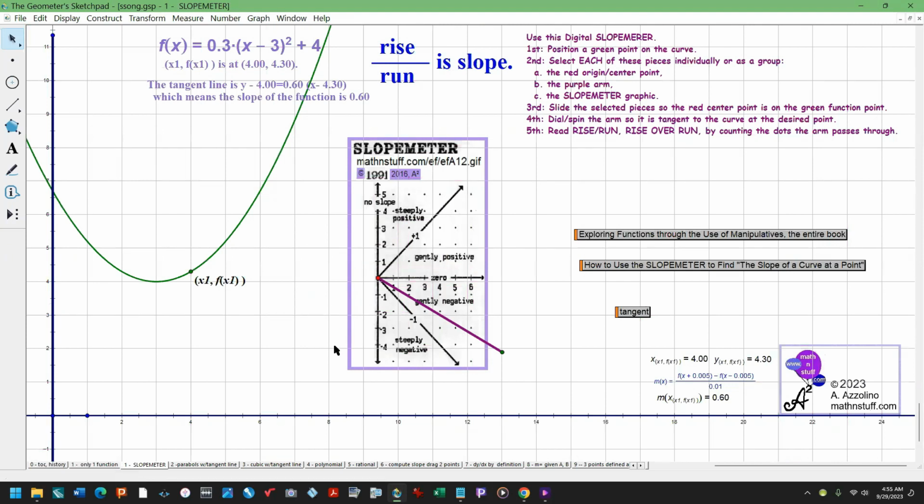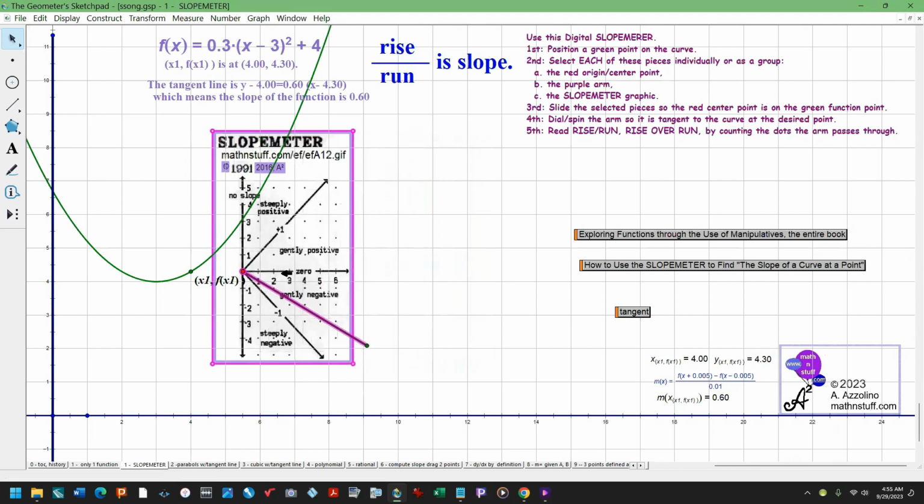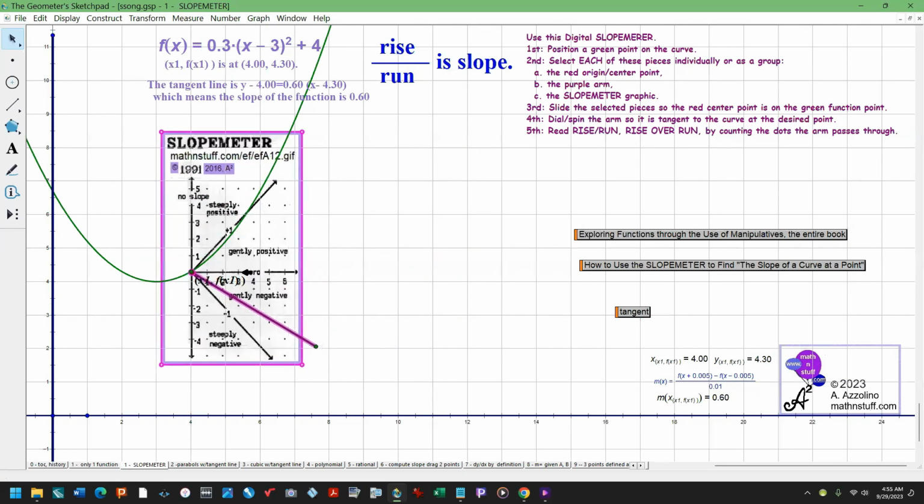I'm going to attempt to move the slope meter, the arm, and the point all over here. And if I fail, that's fine. All right, it all moved. I'm placing it right on the point. I now have the slope meter in position, and I can dial the arm.